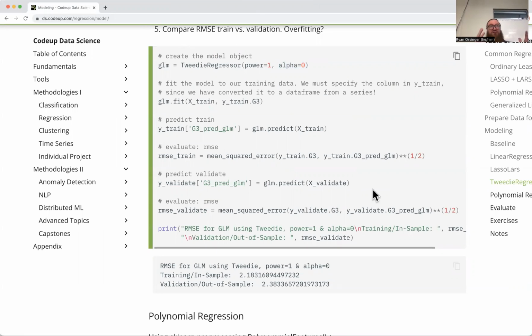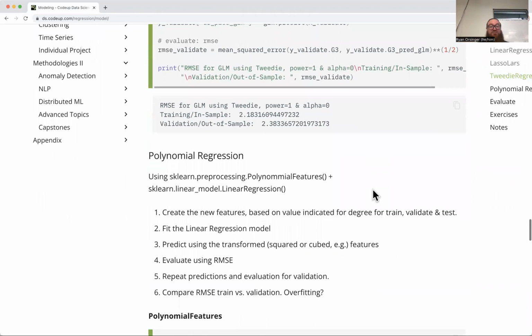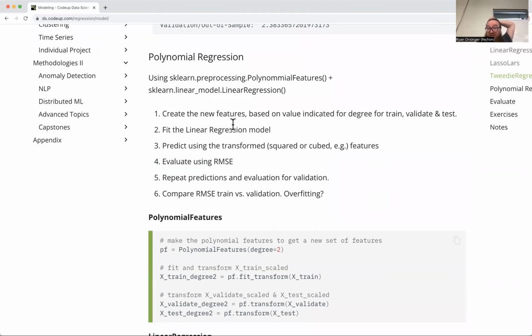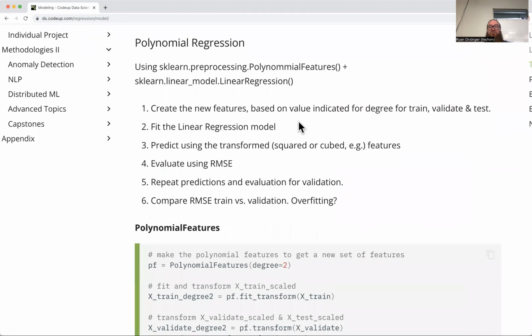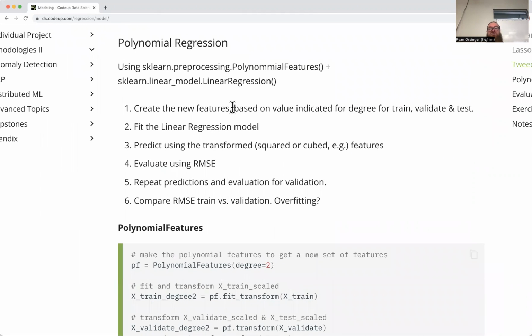So far, I've talked about 3 models: the Lasso Lars, the OLS, just the straight line linear regression, and the Tweedie regressor. All 3 of those have followed the make the thing, fit the thing, use the thing. What's going to be different for us in this space is the polynomial regression. So let me introduce that to you. So what we do is we create our new features.